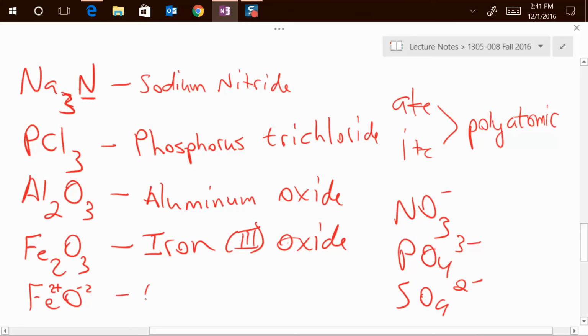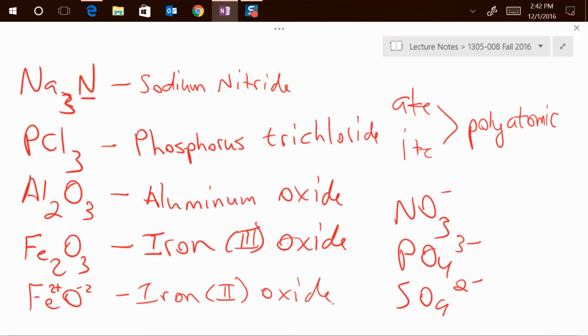So this is iron 2 oxide. Right? Iron 2 oxide. So when it's a transition metal, I need to use the parentheses, Roman numeral, to tell me which iron I'm talking about. Because I have iron 1, I have iron 2, I have iron 3.